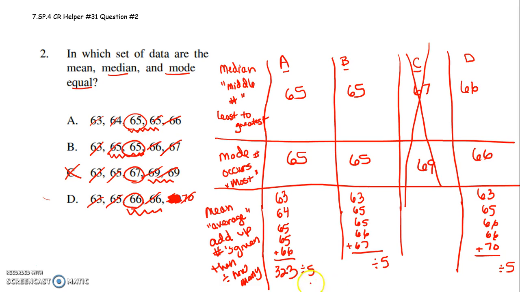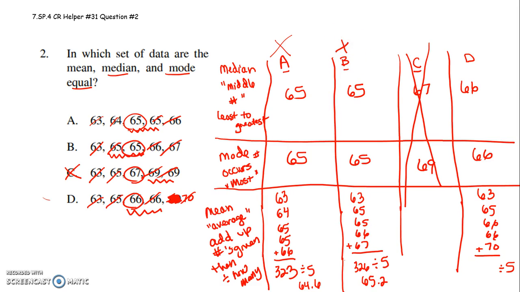That gets us to 64.6. Suddenly, letter A is out of the running. For the next one, we'll do 63 plus 65 plus 65 plus 66 plus 67. That gets us to 326. Divide that by 5, it still won't be 65. 65.2.